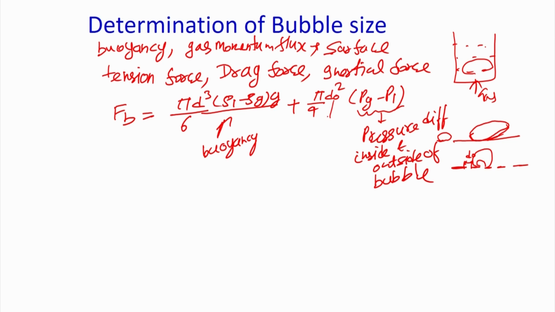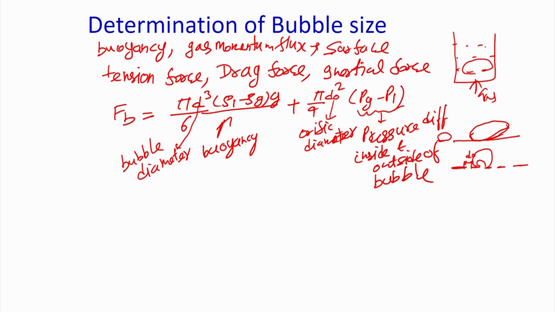D naught is the orifice diameter, and D is the bubble diameter.